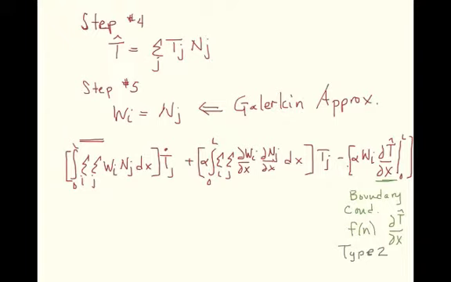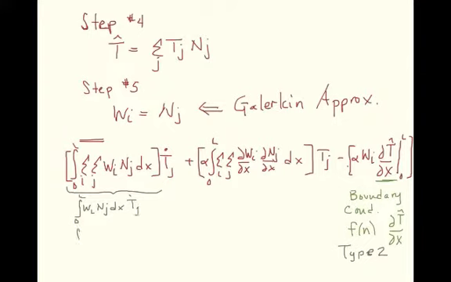Another point to call out is that this term right here can be written in many ways. It could be written as the integral from 0 to L of Wi Nj dx times T dot j.